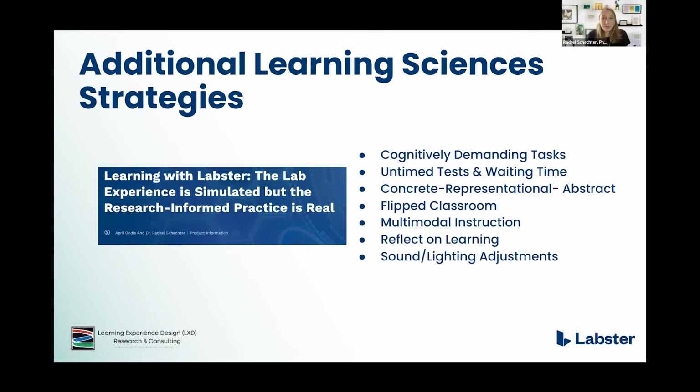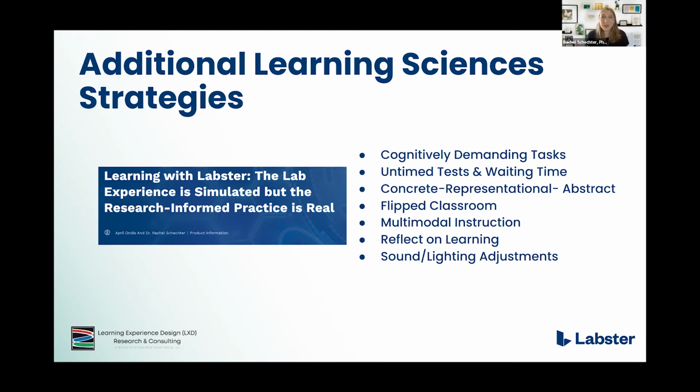So if you're one of the people who were thinking, I want to come back to this, let me tell you a little bit more about the resources available for you. So digital learning sciences strategies, they're all going to be on Digital Promise, that learner variability navigator I was telling you about. Here's another list of strategies that we ended up using in our application for the Digital Promise certification that Labster has earned.